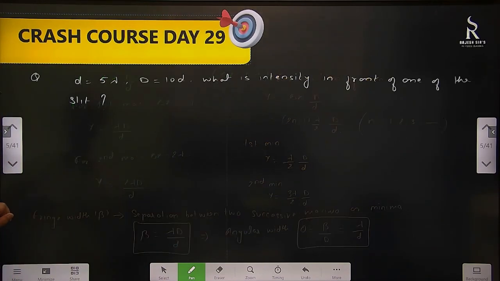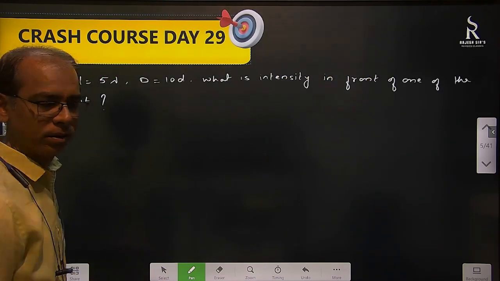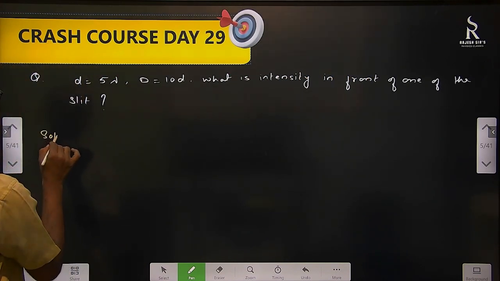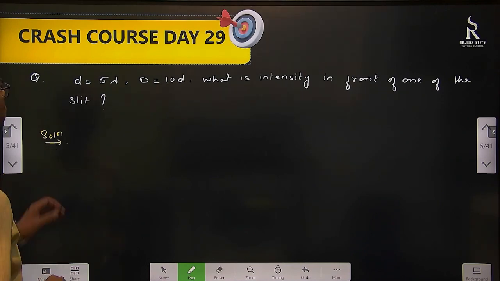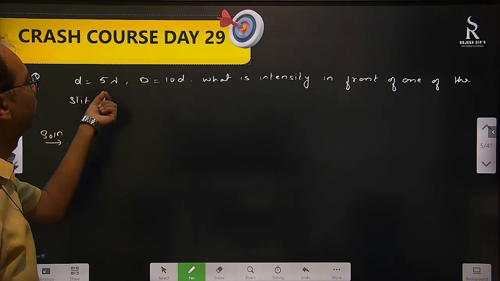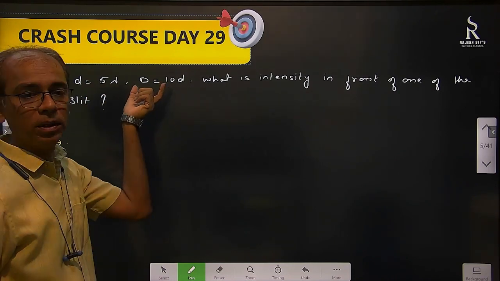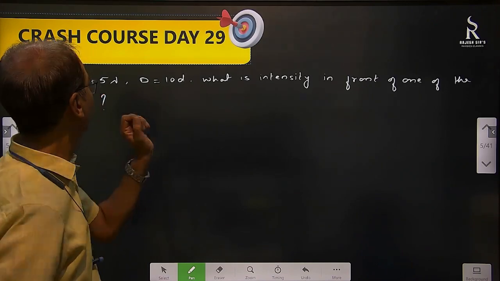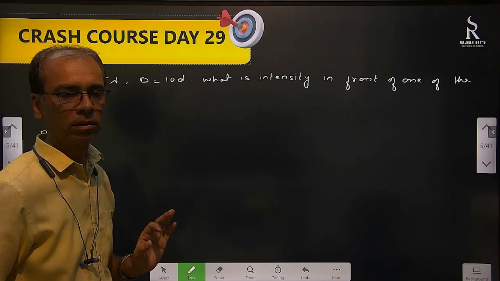Alright. Let's see what type of questions will be asked. Very simple questions are asked. See, D equal to 5 lambda, that means the separation between the sources is 5 lambda. The separation between the sources and the screen is 10 D. What is the intensity in front of one of the slits?